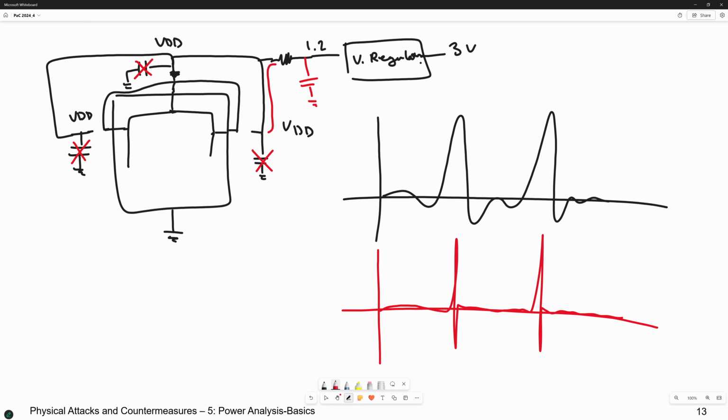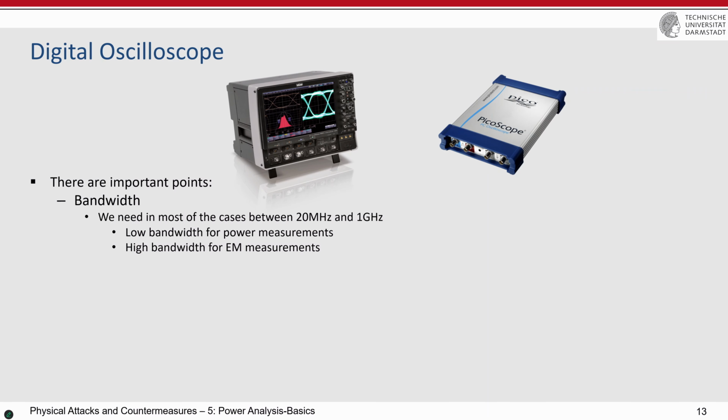And this exactly tells you the bandwidth of the signal. Then for EM measurements, you need oscilloscopes with higher bandwidth. If you connect a 20 megahertz oscilloscope to an EM probe, everything is actually filtered and you barely see anything. Then another one is the sampling rate, because we are dealing with digital oscilloscopes.